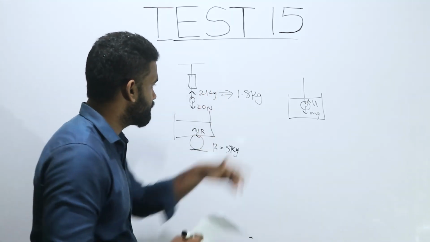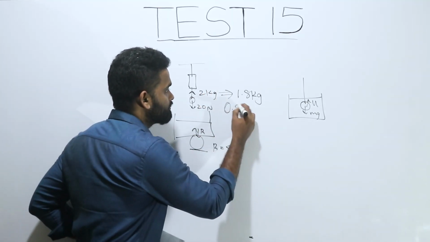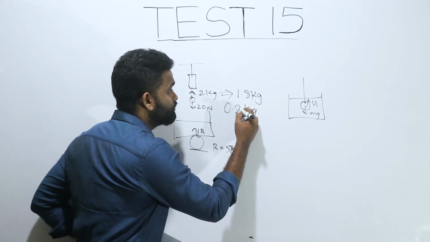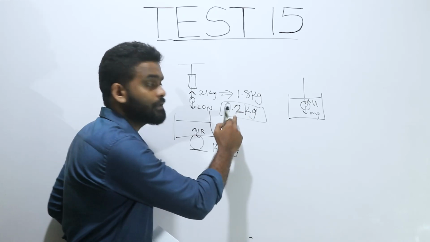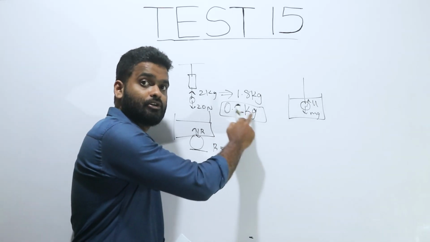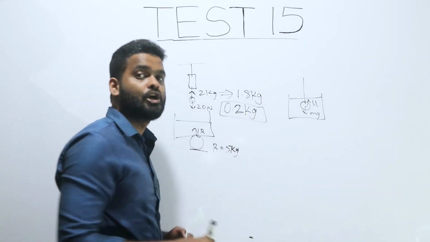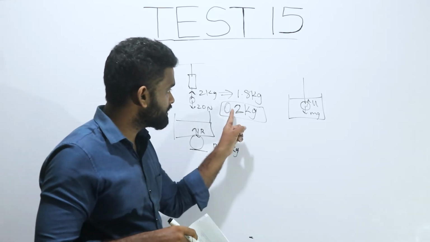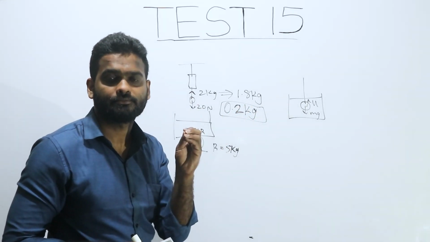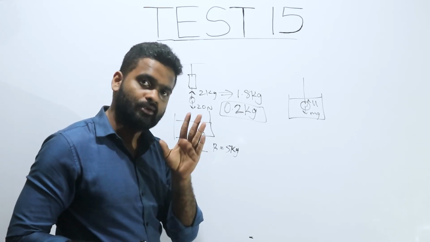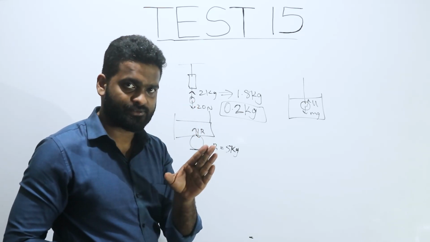The decreased amount is 0.2 kilograms, so this is due to the upthrust. Meaning that the upthrust acting on this object should be equal to 0.2 kilograms. I am thinking of forces in terms of masses, right?